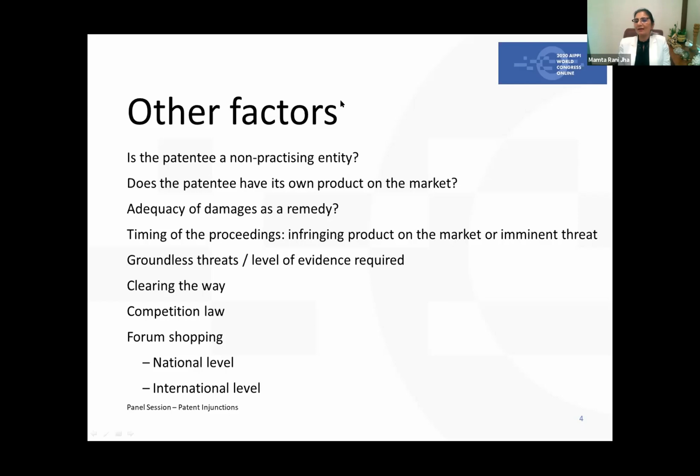So again, as you had said, public interest is also attached with the patentee's right in the patent, because the invention also is in public interest. So all these aspects are weighed during the time of adjudicating, either at a PI stage or a final stage.